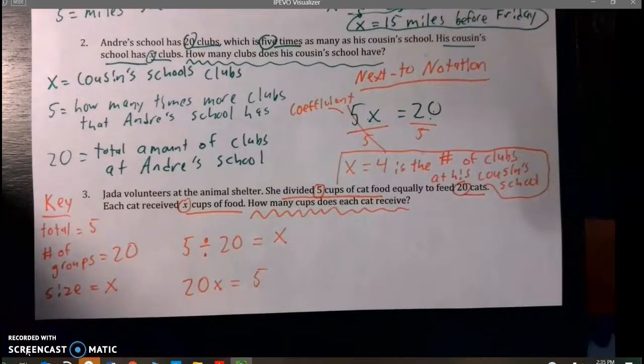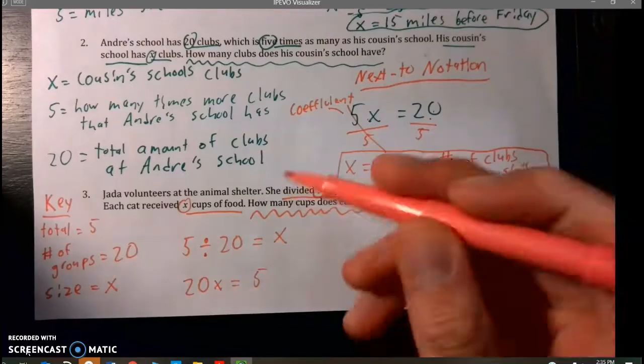Once again, if you think back to our first activity working with tape diagrams, when we work with multiplication and division, those are inverse operations. So we can use inverse operations to represent the same situation.